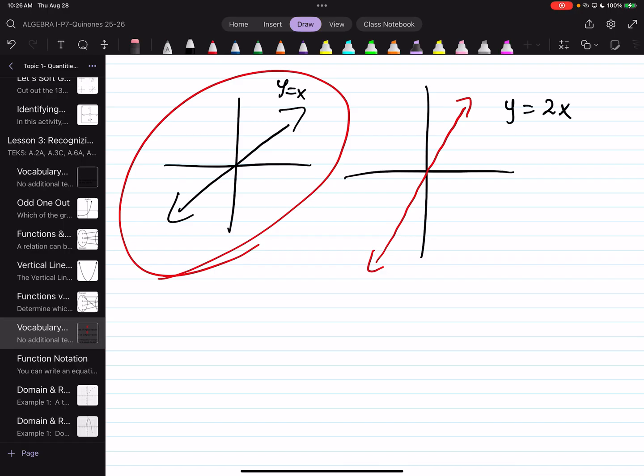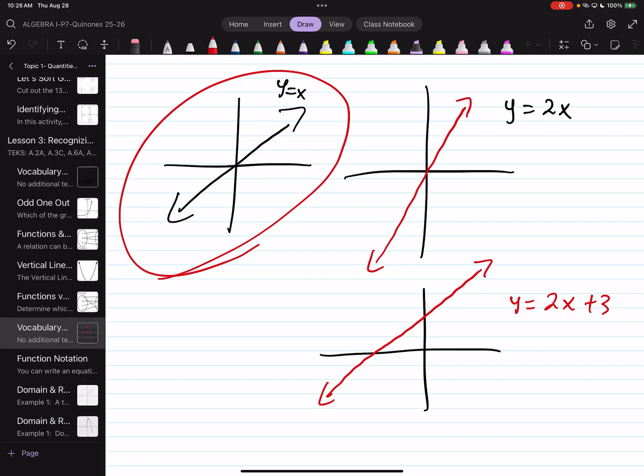We could move the function up, where this could be something like 2x plus 3, where we're moving it up. So all of these derive from this parent function. Does that answer your question?